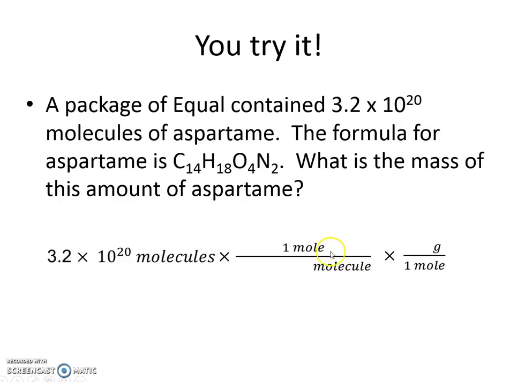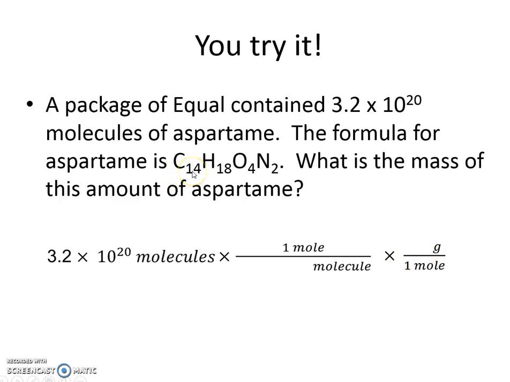We're going to go from molecule to mole and mole to gram. Notice 1 is with mole in all the calculations that we're doing on mole to grams and mole to molecule to mole, etc. What number has to go in here with molecule? Well, that's going to be Avogadro's number, 6.022 times 10 to the 23. What number goes in here?